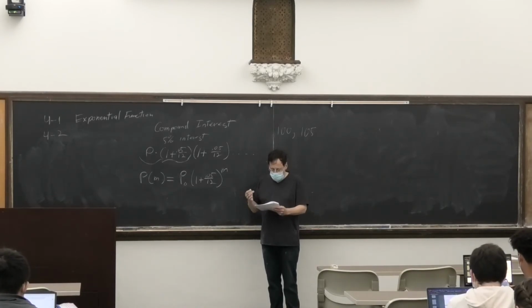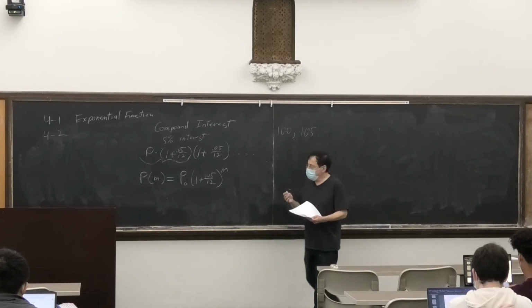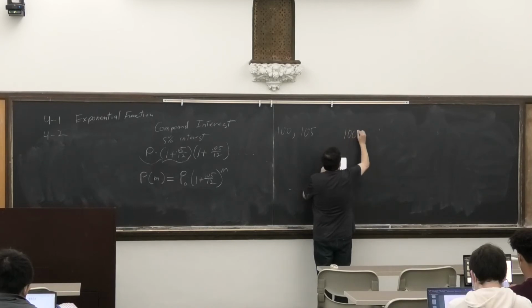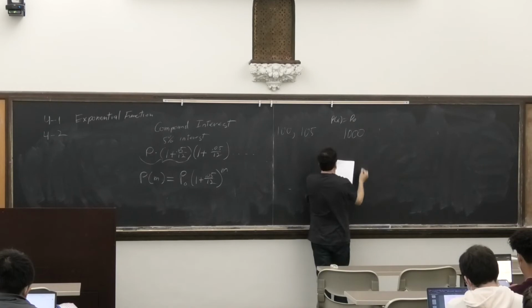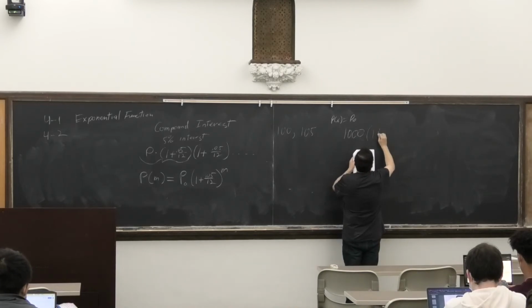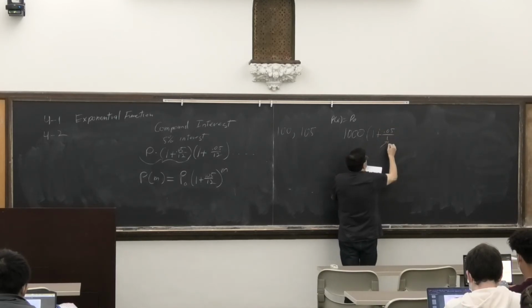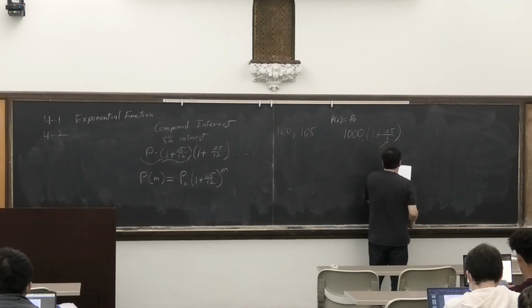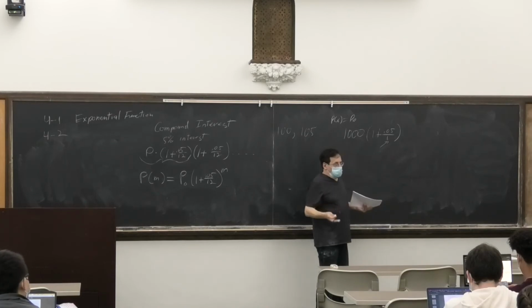So let's take a look for a second at how that works. We're going to start with $1,000. This is our P of X equals P0. And we're going to compound it yearly. This number tells you how often we're compounding it. We're going to compound it for 10 years.